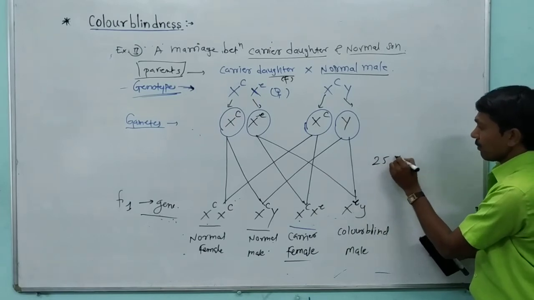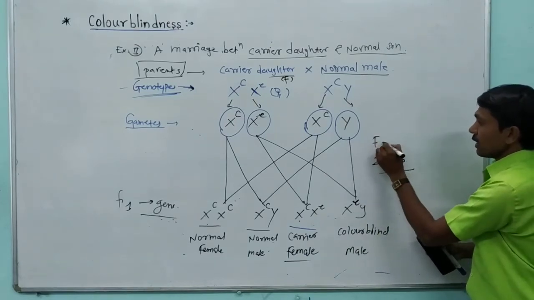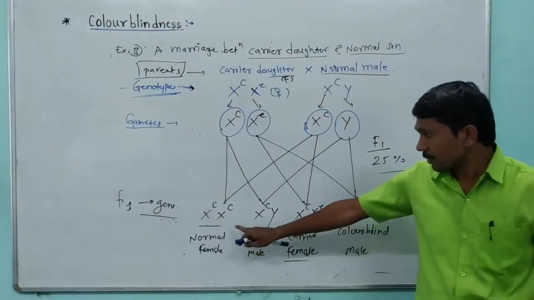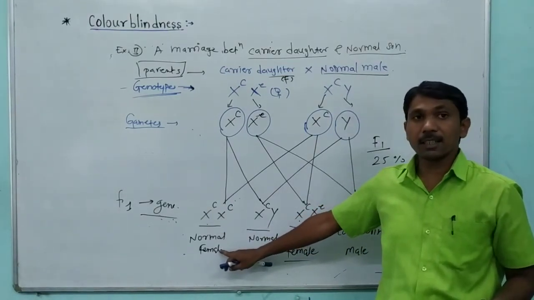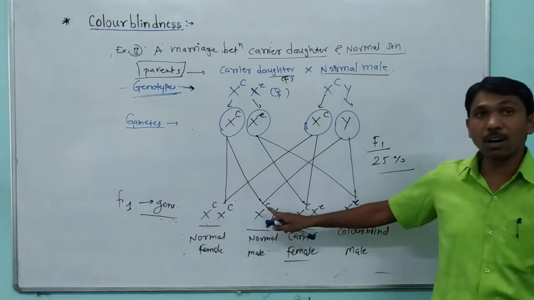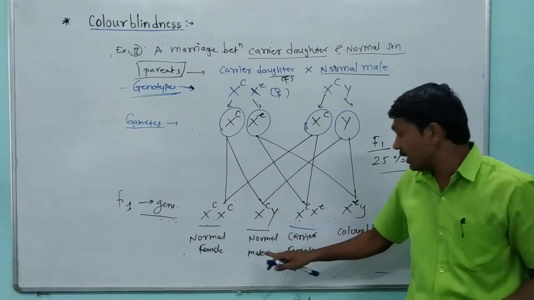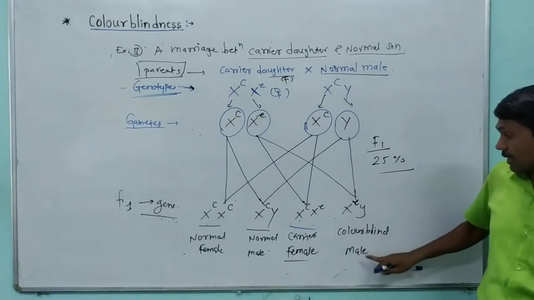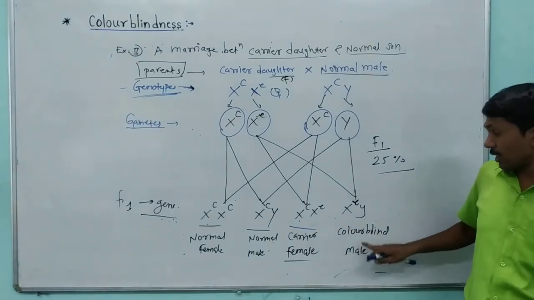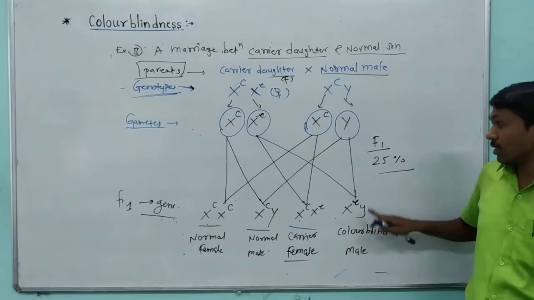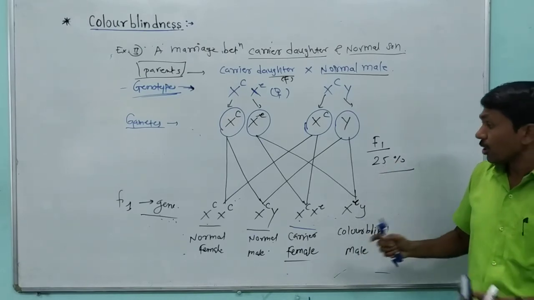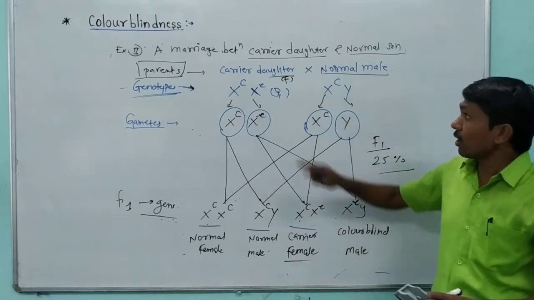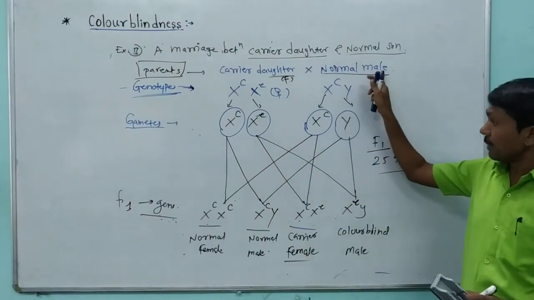Of each of the 4 offspring in the F1 is 25%. Means the normal female is 25% and normal male is 25%, carrier female is 25% and colorblind male is 25%, equal to 100%. So that is the F1 generation when the carrier daughter female is crossed with the normal male.